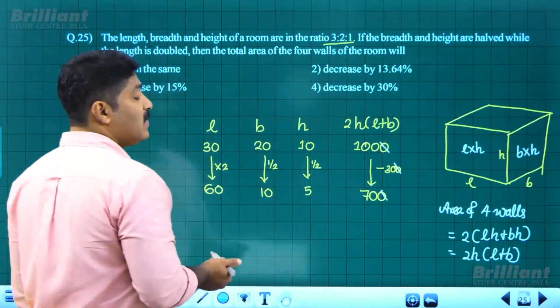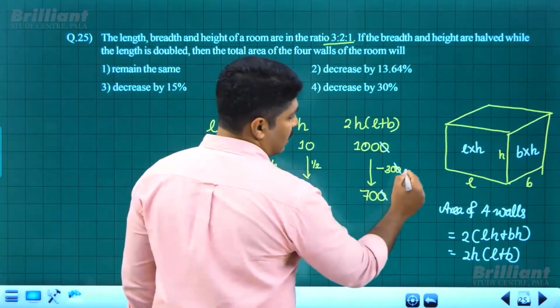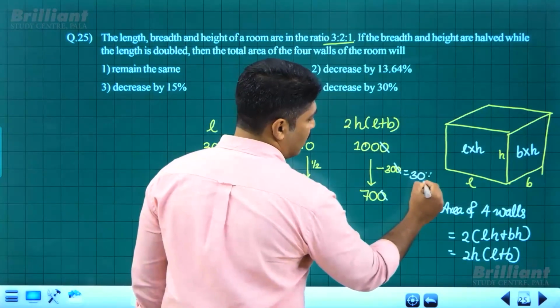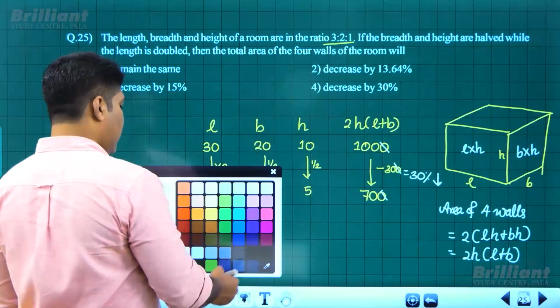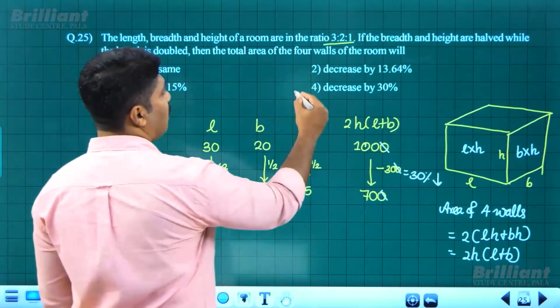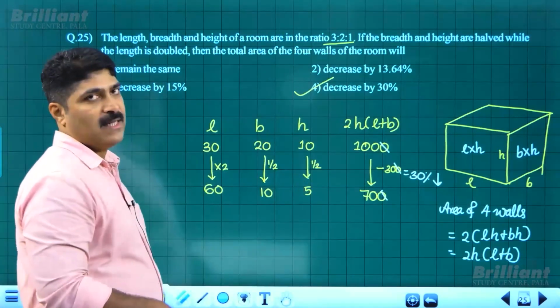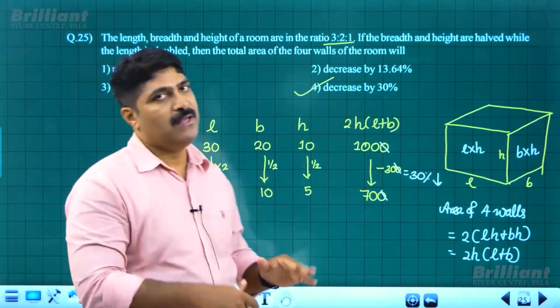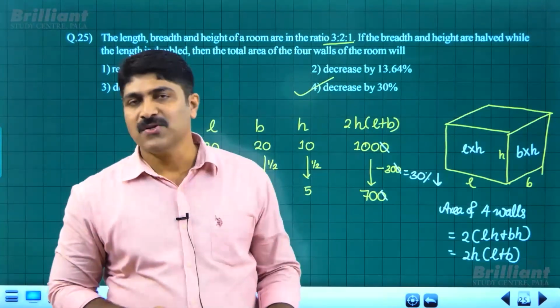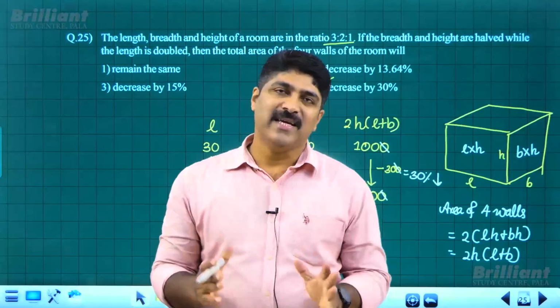That means there is a decrease of 30%. So what is the net variation in the area of 4 walls together? There is a decrease of 30%. So this is the assumption method. You can substitute the values instead of the ratios. Like that we can get the answer.